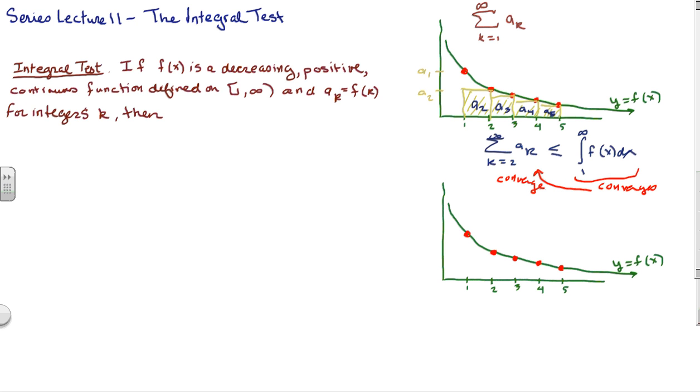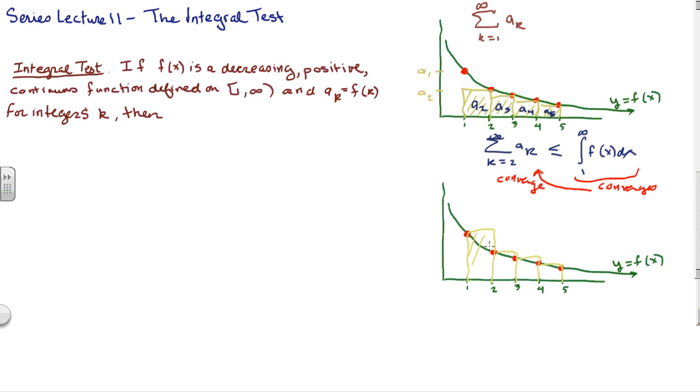Now I'm going to look at some other rectangles over here. So let's look at something a little bit different now. I'm going to take from going up this way and over. And again, I have exactly the same graph here. So each of these red dots are at 1, A1, 2, A2, 3, A3, and so on down the road. So it's exactly the same graph, but I'm just looking at different rectangles here. Sorry, my rectangles aren't too rectangly.